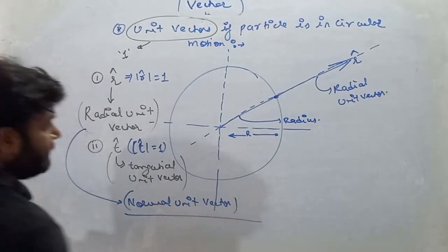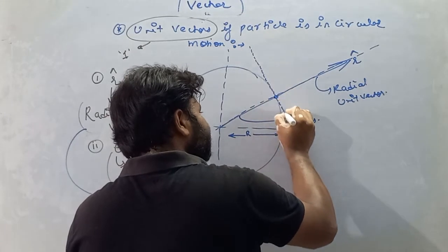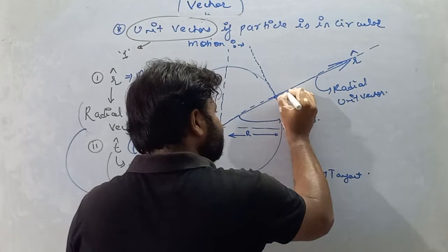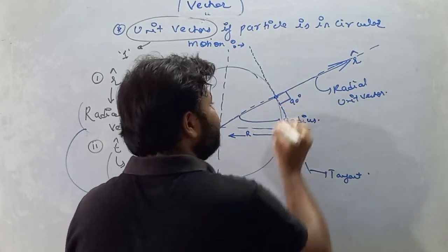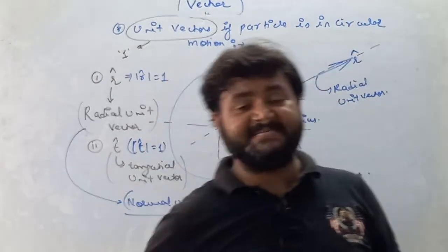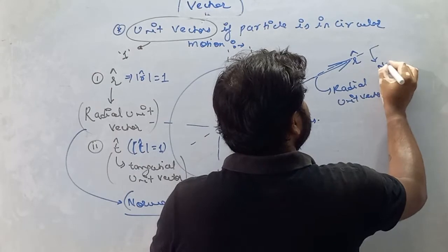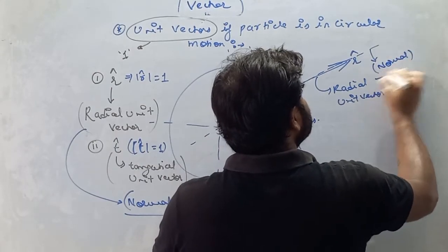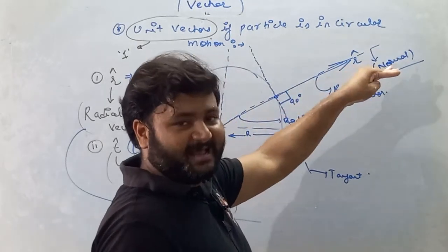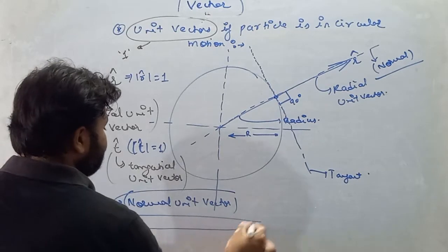Why is it called the normal unit vector? Because if I make a tangent here, this line is called the tangent, and this line makes an angle of 90 degrees with the tangent. Whatsoever line makes an angle of 90 degrees with the tangent is called a normal line. So this unit vector lies on the normal line, and that's why we call it the normal unit vector as well.